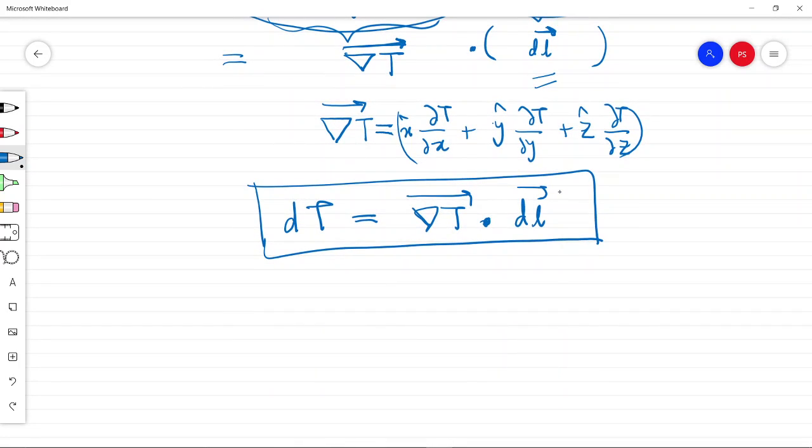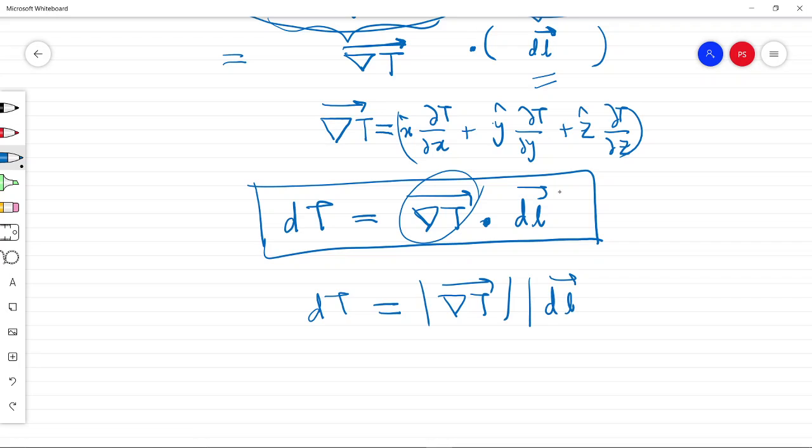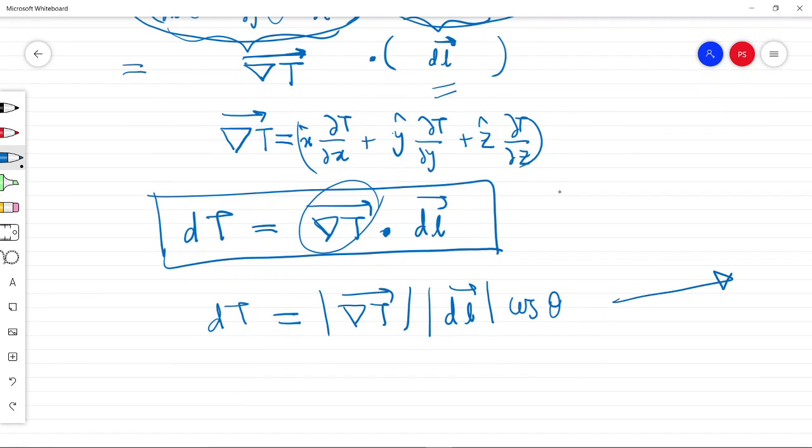If we interpret this expression del t bar using the definition of dot product, we see that dt is the magnitude of del t bar into the magnitude of dl bar into cosine of theta, where theta is the angle between del t bar and dl bar.